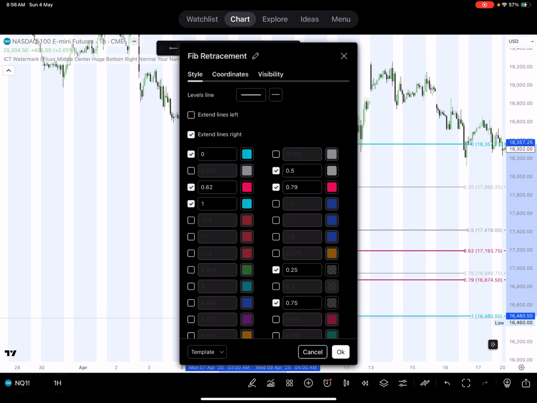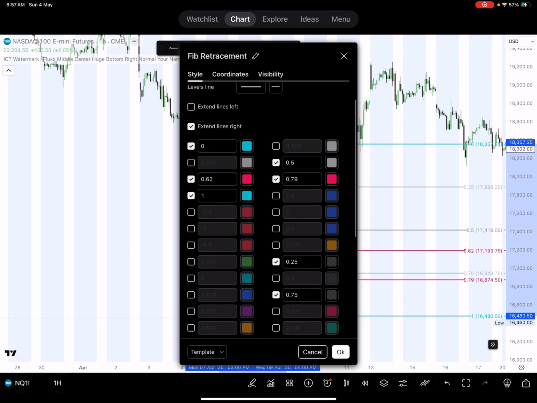I like to highlight the 0% and the 100% in a different color from the rest. I want to highlight the 50% in a gray color so that it doesn't have much of an effect on me. And I like to highlight the 62% and the 79% as well, as you have seen here in the charts. Everything else, turn it off, you don't need it.